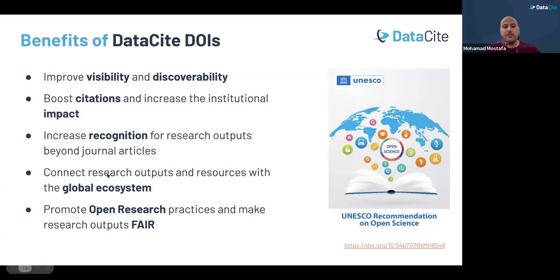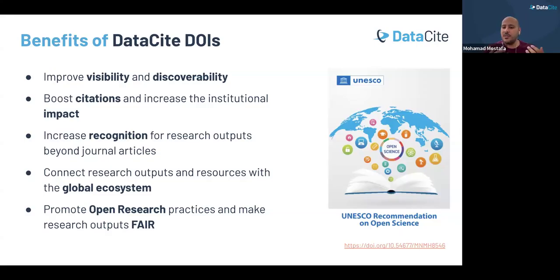And one of the key benefits as well is connecting research outputs and resources with the global ecosystem. So when your institutional repository is adopting DOIs, and DOIs have this ability to retrieve their metadata information, because regardless of whether the output is open or not, the DOI's metadata will always be open, you are connecting your institutional repository, your system, your publishing platform with the global ecosystem.